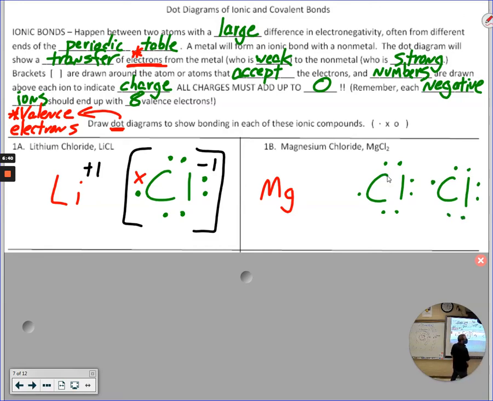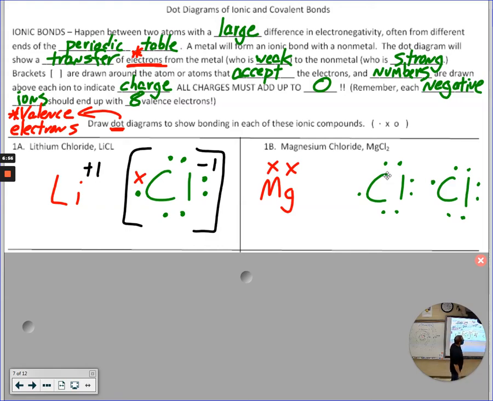Magnesium has 2, and they're in a pair, correct? And magnesium is in 2s, or the second column of the s block.